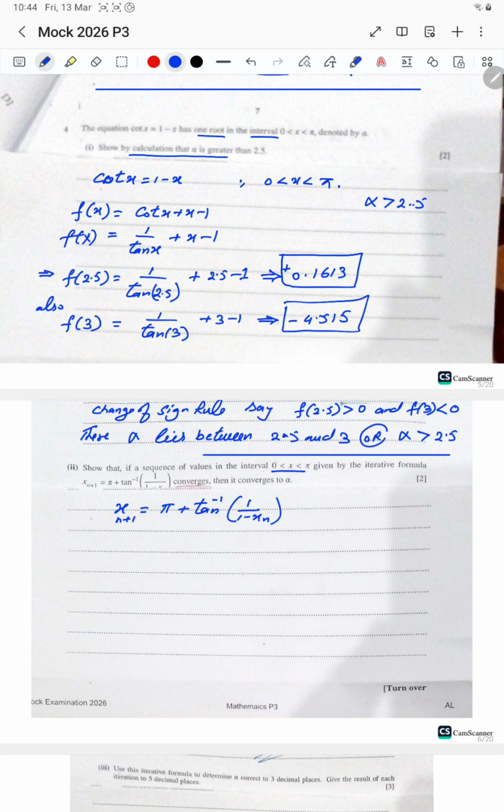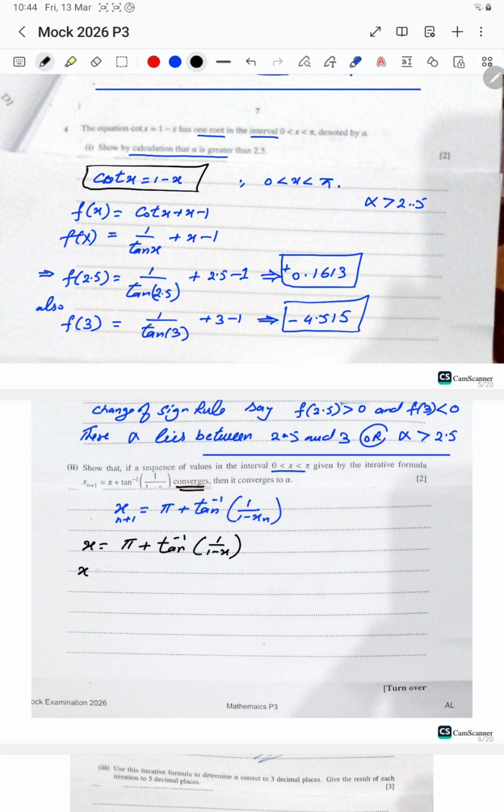So here what to do, we need to just eliminate these subscripts and we will write x is equal to pi plus tan inverse of 1 over 1 minus x. Then you need to simplify this and get the equation back from part 1.